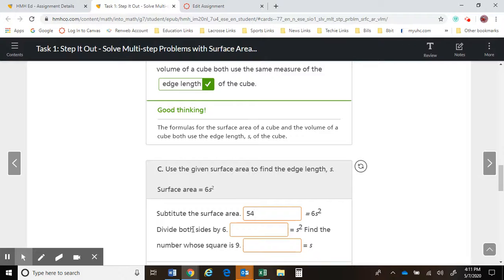Of course, I would divide both sides by 6. So 54 divided by 6 is 9. Now find the number whose square is 9. That's asking me what is the square root of 9? The square root of 9 would be, whoops, I put that in the wrong box. The square root of 9 would be 3.